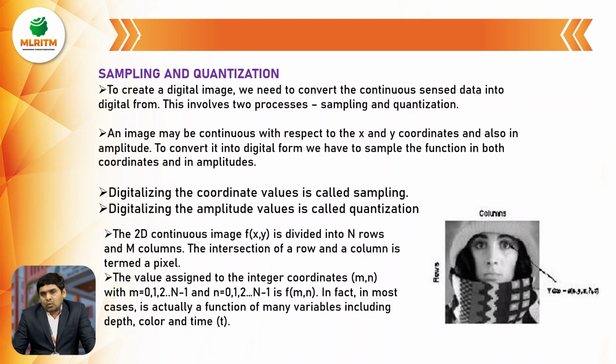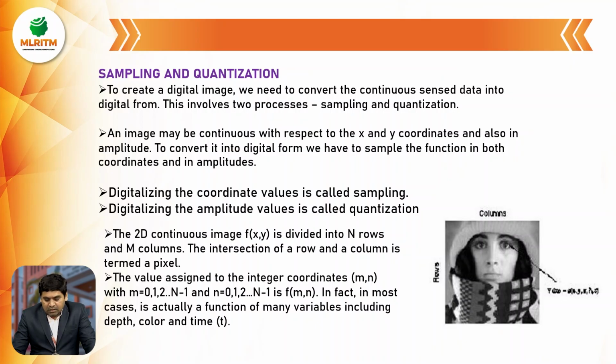Now the two-dimensional digital image is represented as f of x comma y. This x comma y is divided into n rows and m columns.